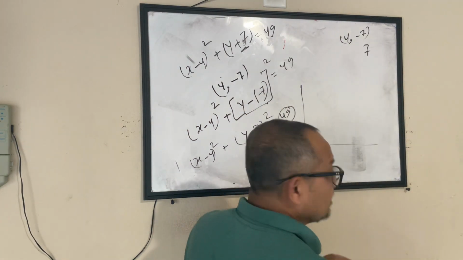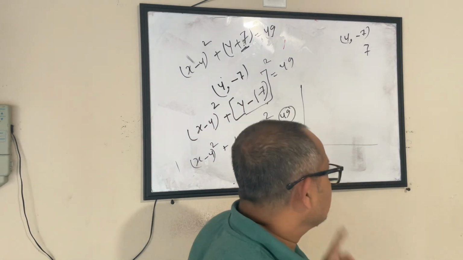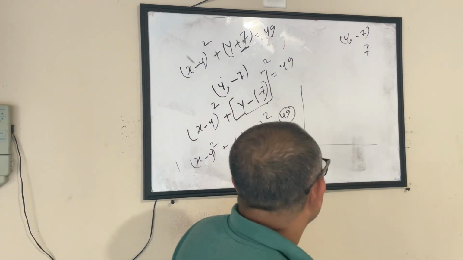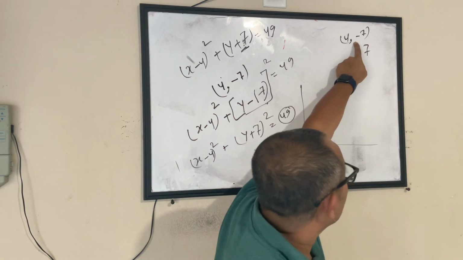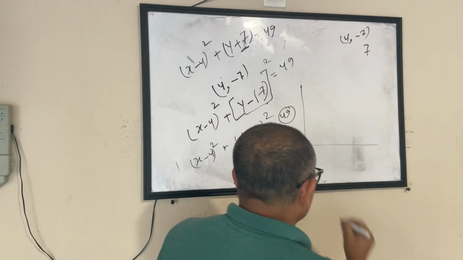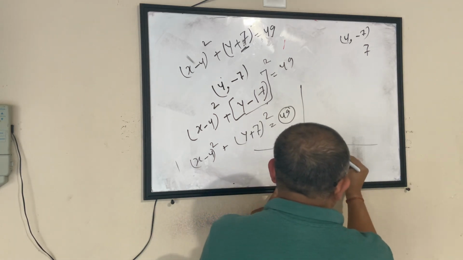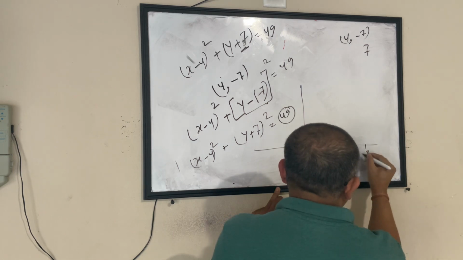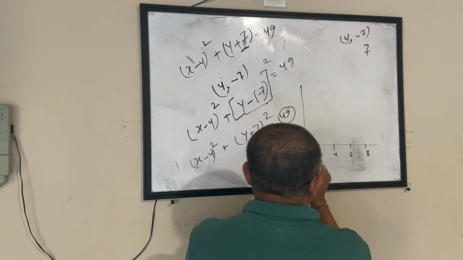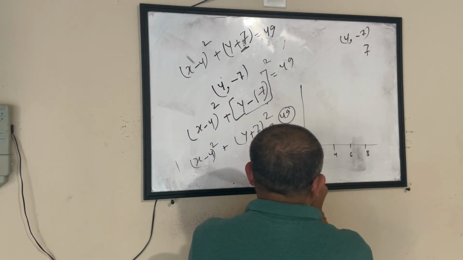So you know that you are going to draw a circle which has radius 7, and the center's coordinates are 4 and minus 7. So if this is 2, this is 4, this is 6, this is 8, and this is, let's say, minus 3, minus 6, minus 9.